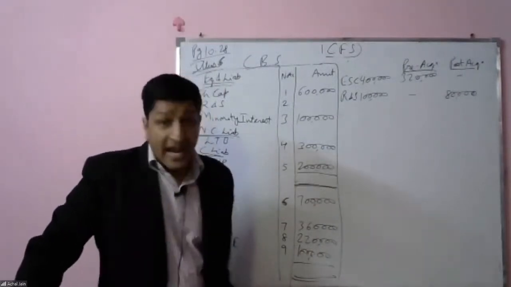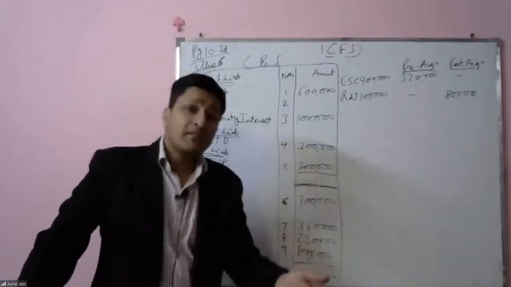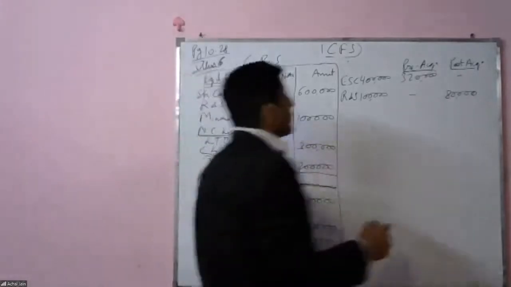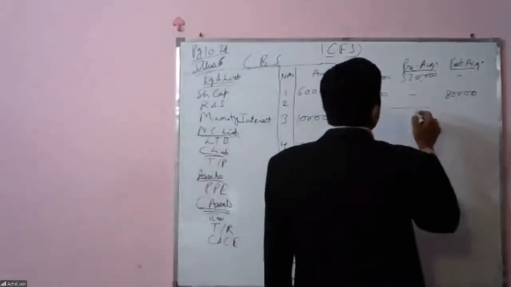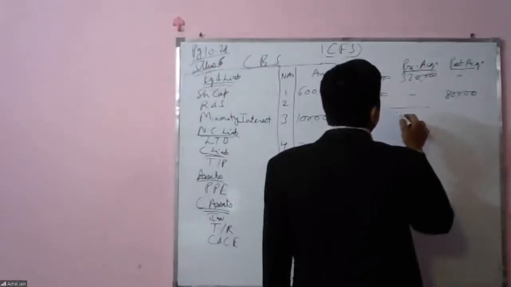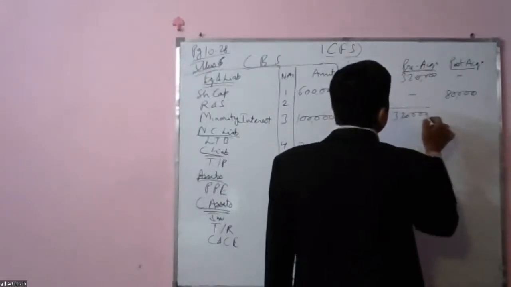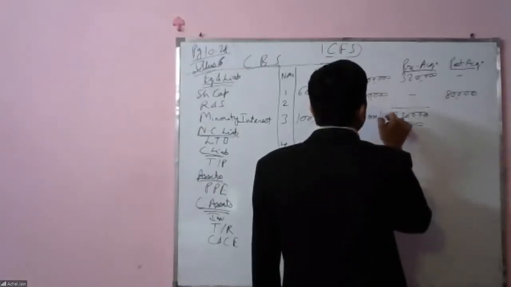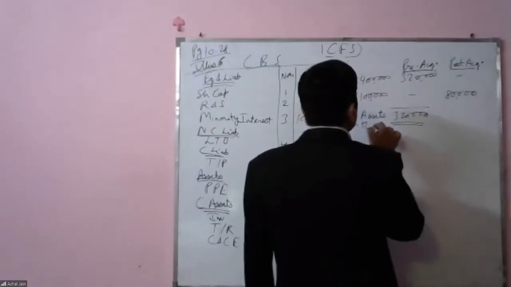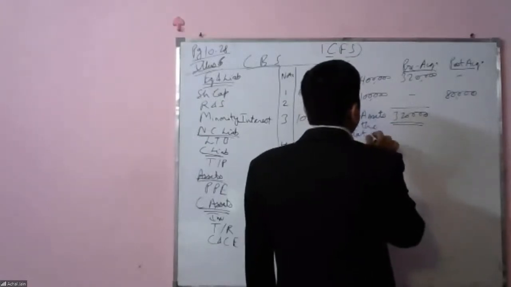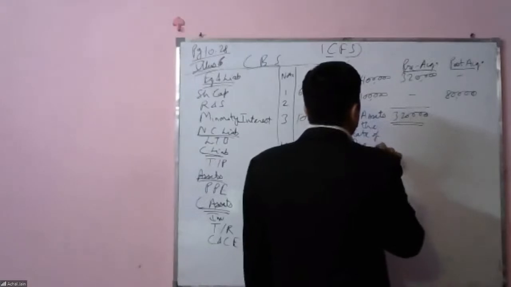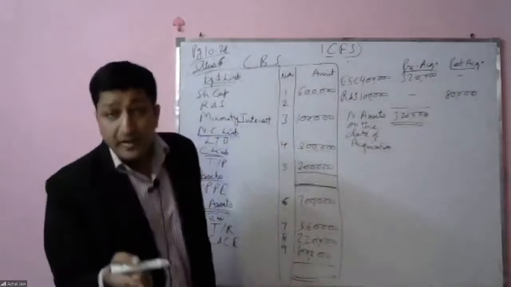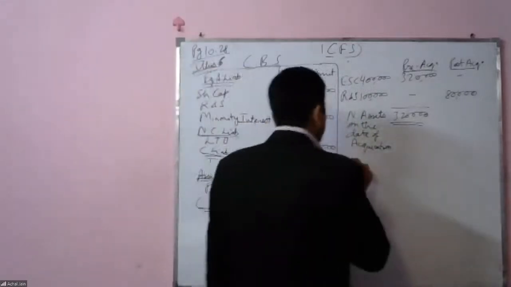And when the investment would have been made by Virat Limited in this company, what is the amount that would have been paid? So this is the total amount of net assets pre-acquisition. Net assets on the date of acquisition. Now, what is the amount that would have been paid on the date of acquisition?